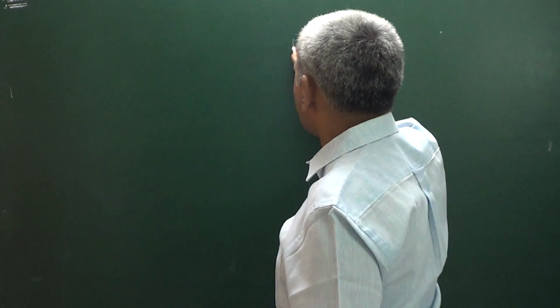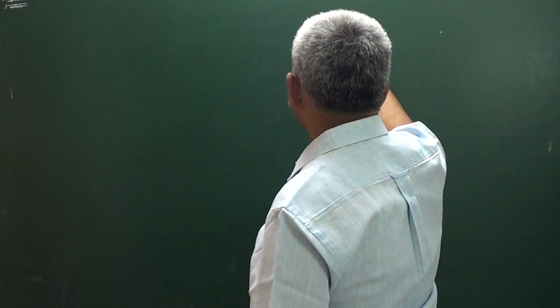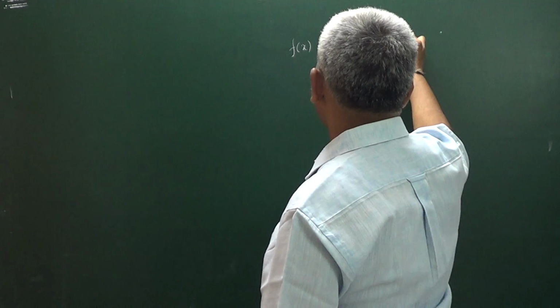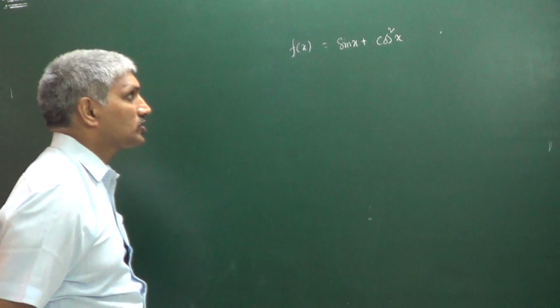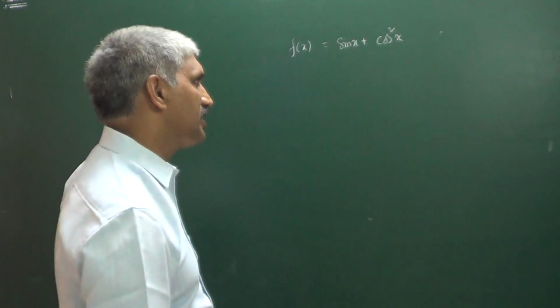Now observe here, the function is given as f of x is equal to sin x plus cos square x. What about the period of this function? This function's period is 2 pi.